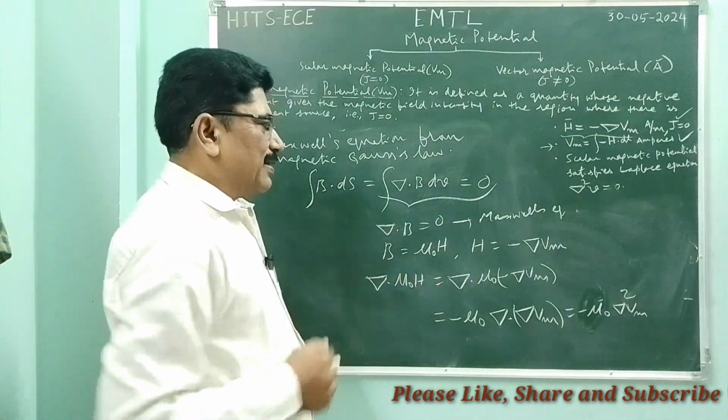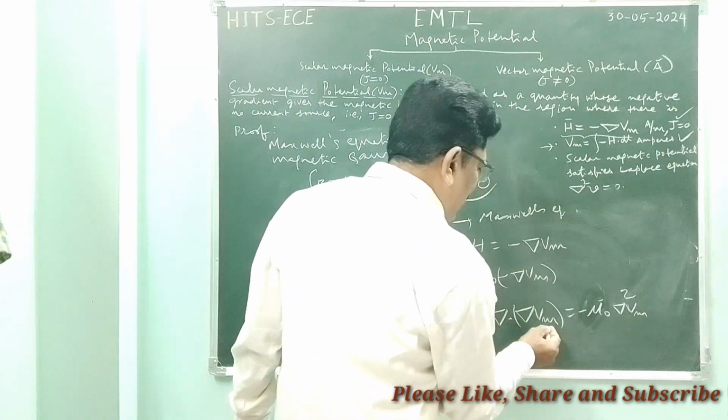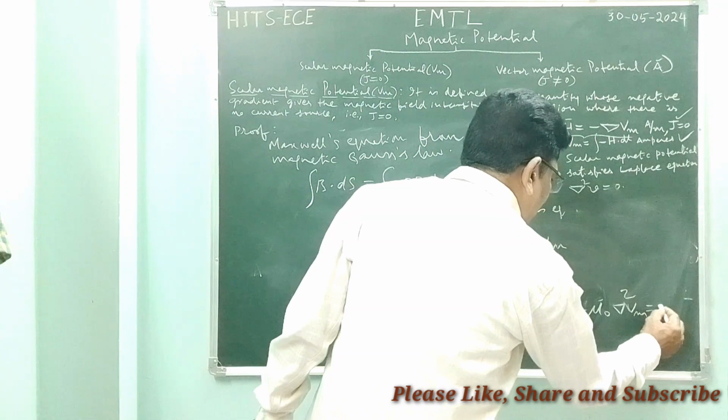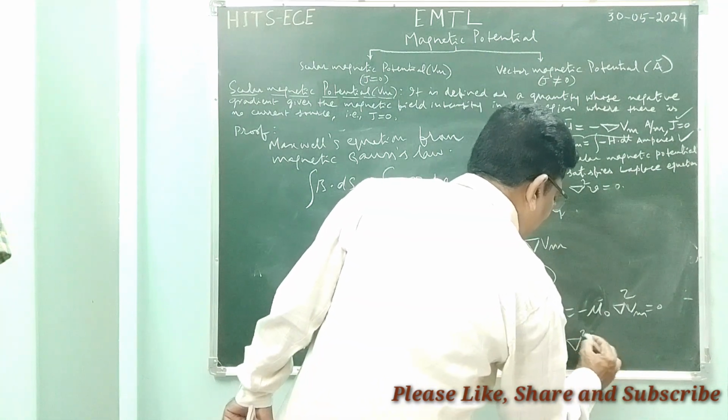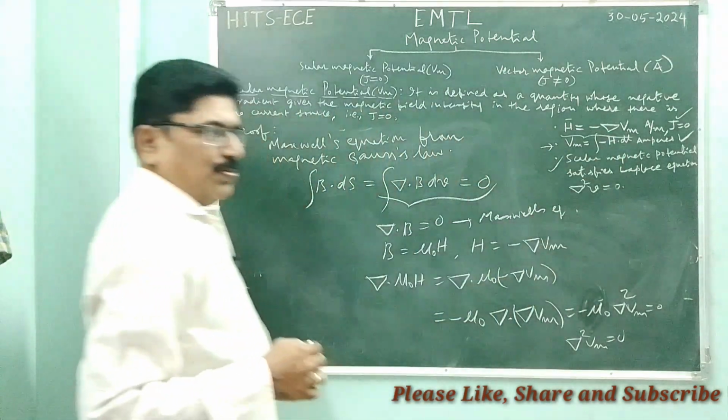Then you will get del square. Vm is constant here, so del square Vm is equal to 0. From this equation we get del square Vm equal to 0. So the third one is also proved.